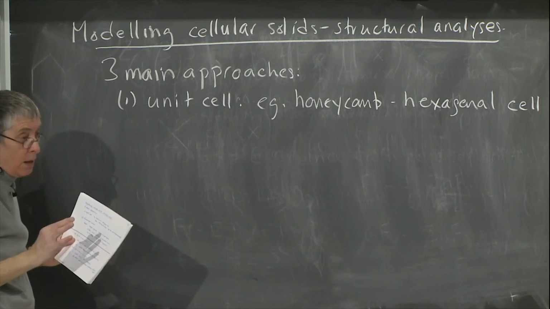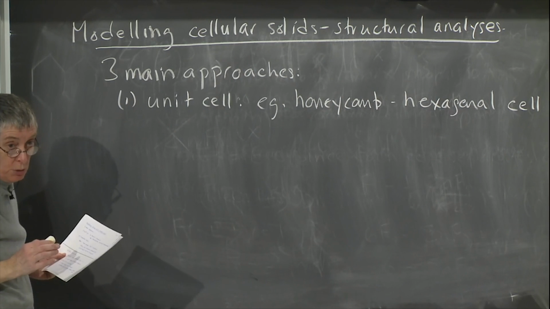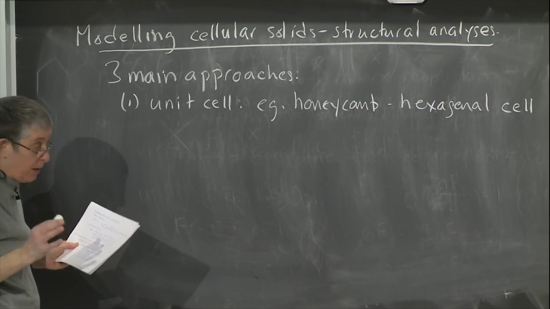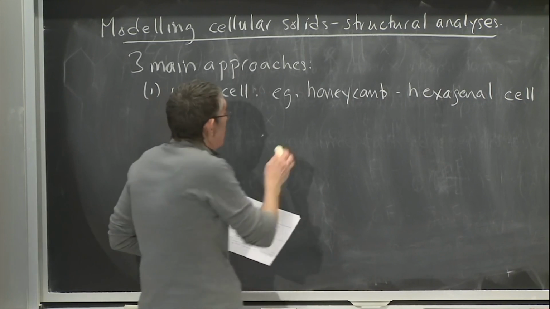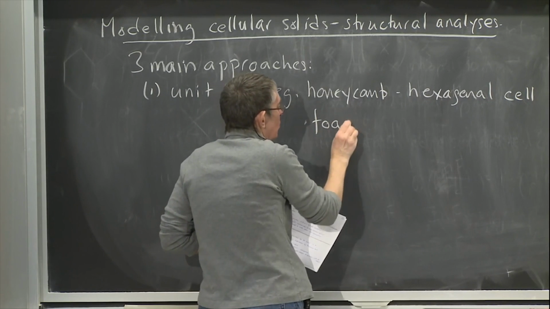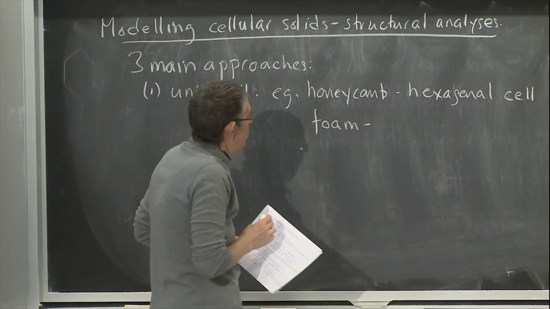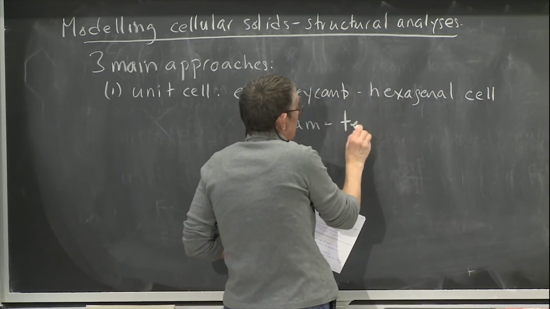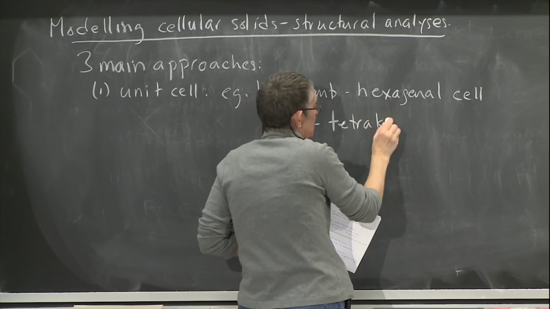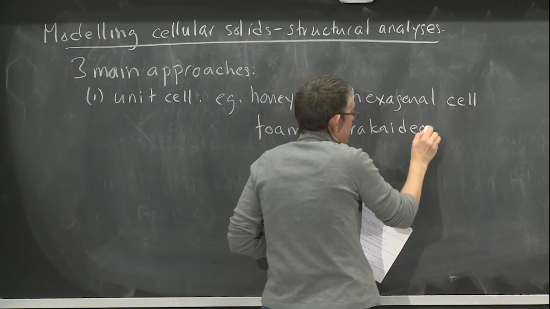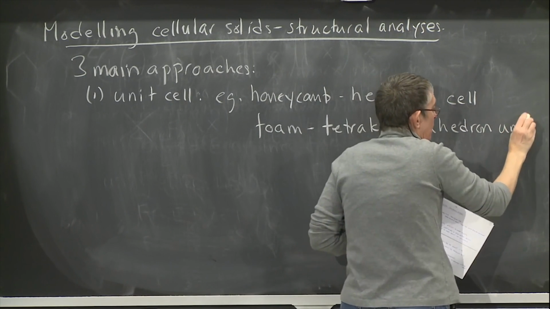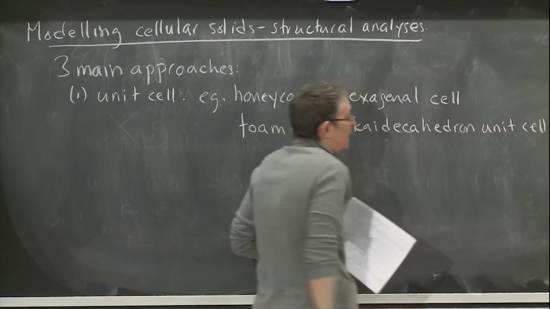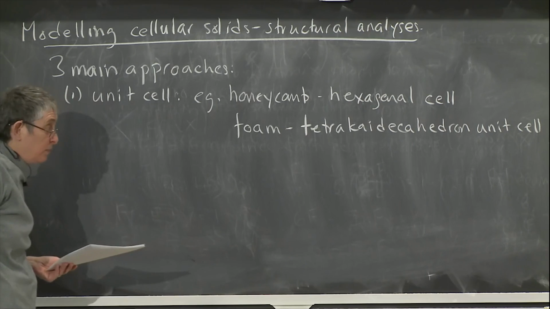So for the hexagonal honeycomb, it's kind of obvious. You would use a unit cell. The thing's periodic. You figure out how that unit cell behaves, you're all set. For a foam, it's not so obvious a unit cell to use. People use different things, but one of the common ones they use is a tetrakaidecahedron. The nice thing about the tetrakaidecahedron is that it packs to fill space.